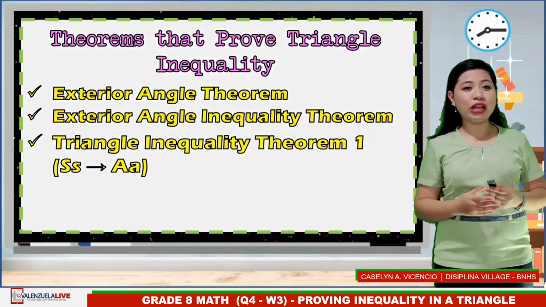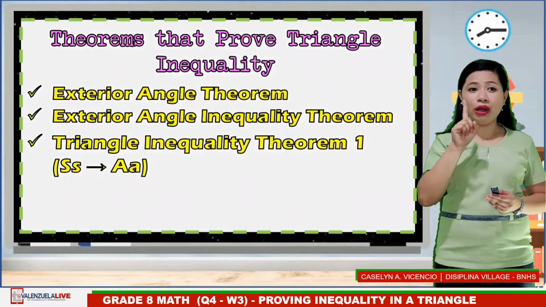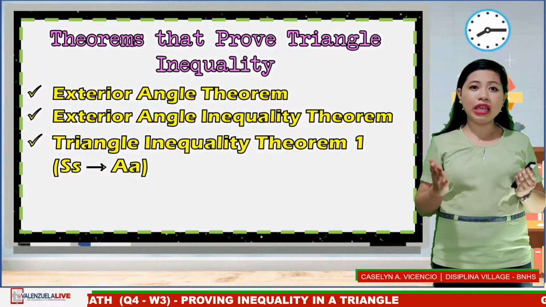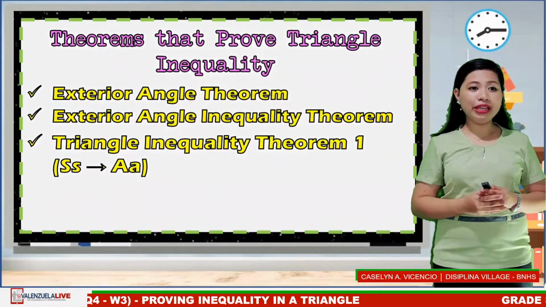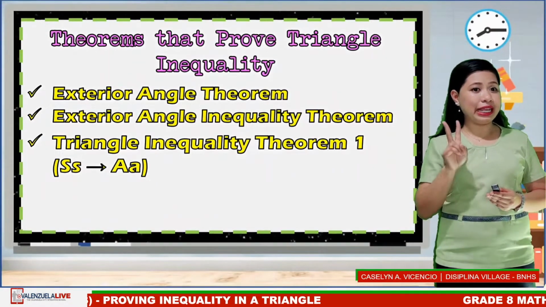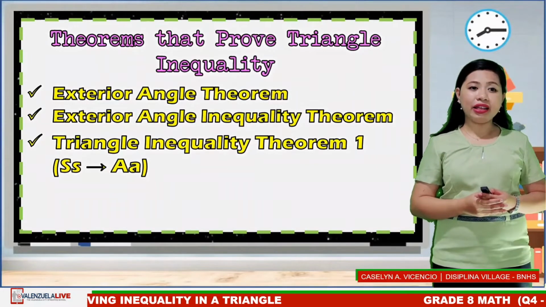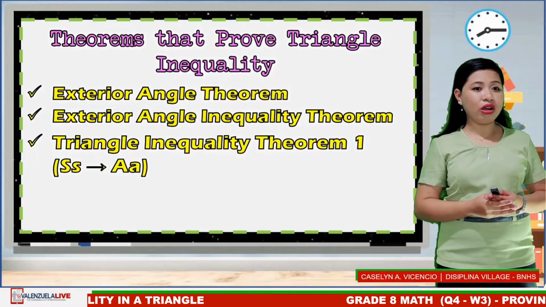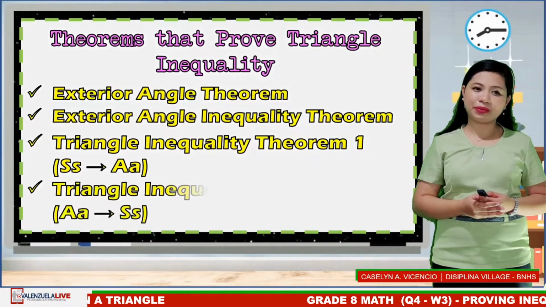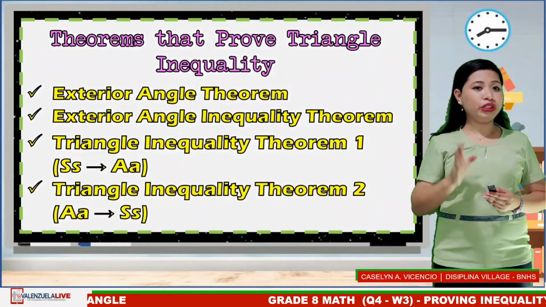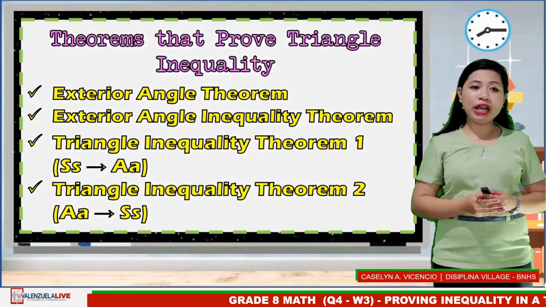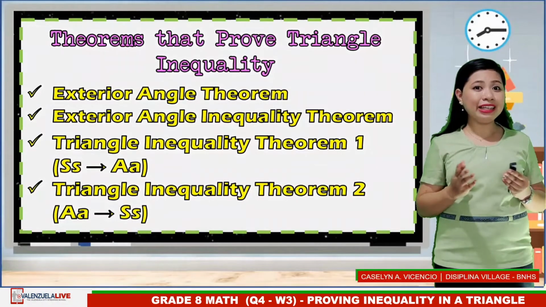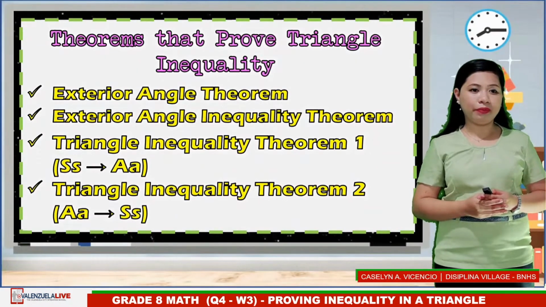We also have the triangle inequality theorem number 1, or side angle inequality theorem. If one side of a triangle is longer than the second side, the angle opposite the first side is larger than the angle opposite the second side. The fourth theorem is the triangle inequality theorem number 2, or the angle side inequality theorem.